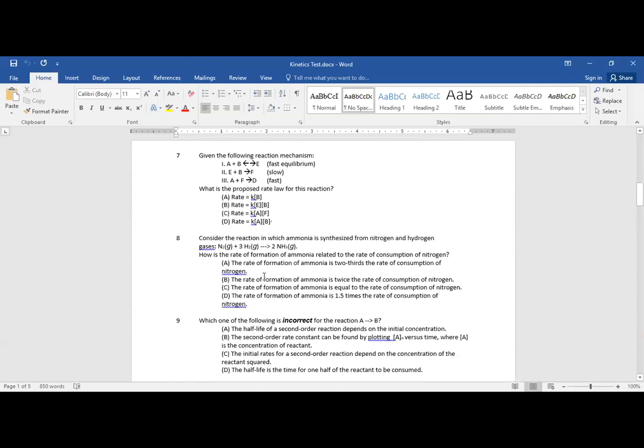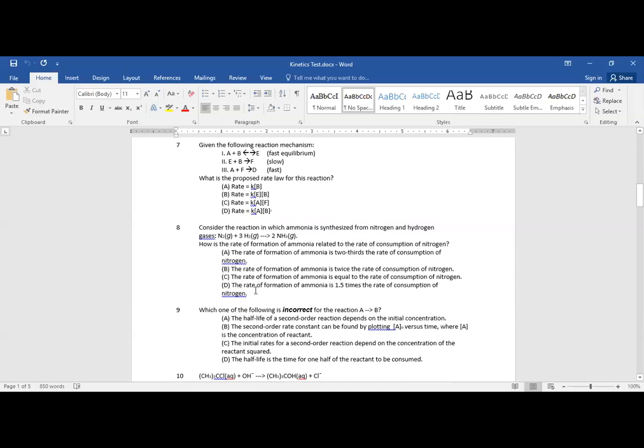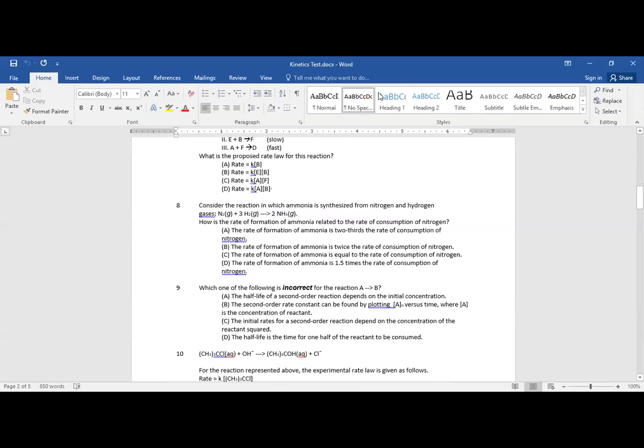All right, 7, for the rate you sub E out and replace it with B. And you sub E out in the slow step, step 2, and replace with AB from the first step. So you'd get A times B, or D, A times B squared. For 8, how is the formation of ammonia related to the consumption of nitrogen? Ammonia appears at twice the rate that nitrogen is consumed.